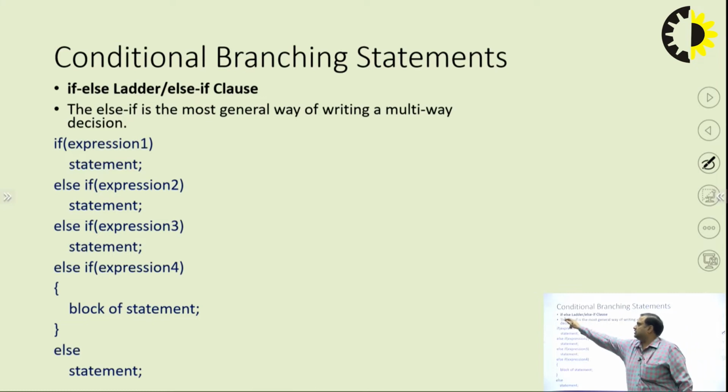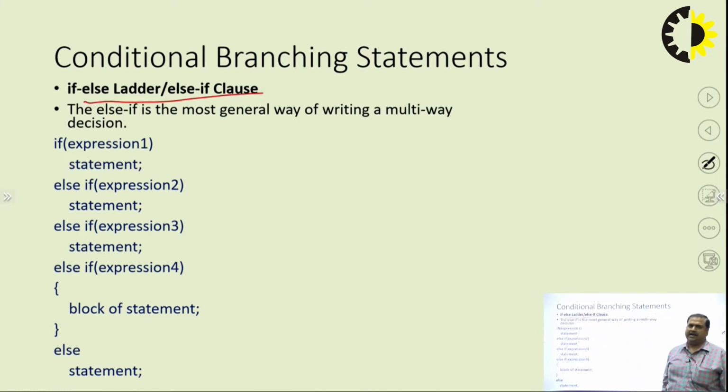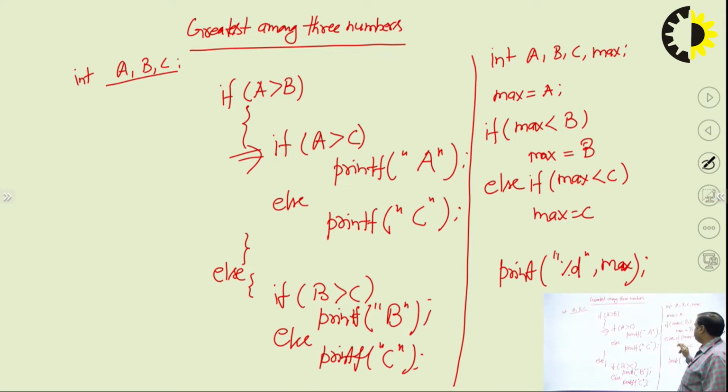Another construct is called if else ladder. When we want to add the else clause along with the if, we are coming like this: if expression 1 is true, this will be executed. If it is false, then we are going to check another expression.